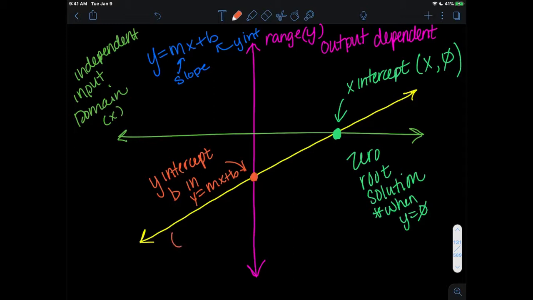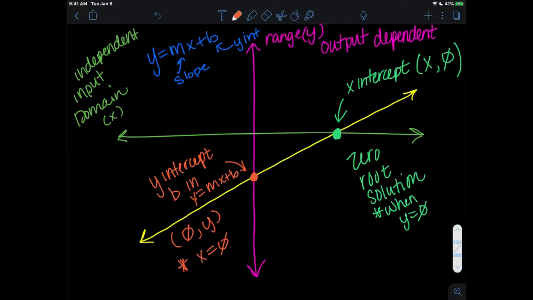This always looks like this, 0, comma, y. Always x equals 0. So if I'm solving for x-intercept, y-intercept, whichever one, I plug in 0 for the opposite one to solve for it.